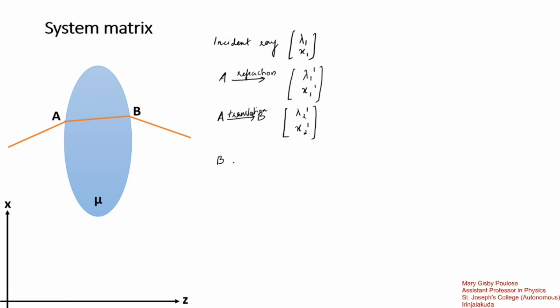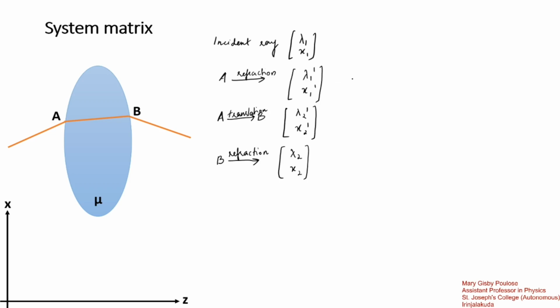And at B, light undergoes the second refraction, and after refraction, let the ray coordinates be lambda2, x2. Okay. Now I'm going to write the mathematical form for all these operations.